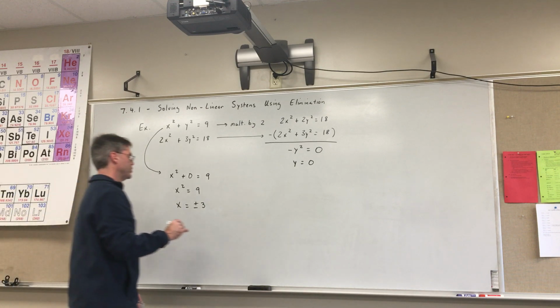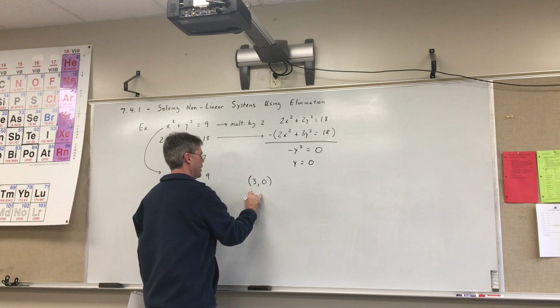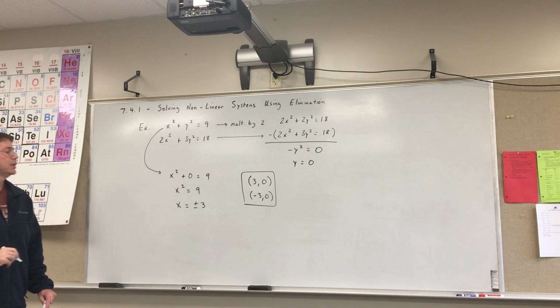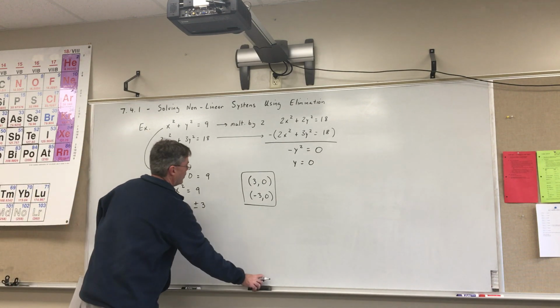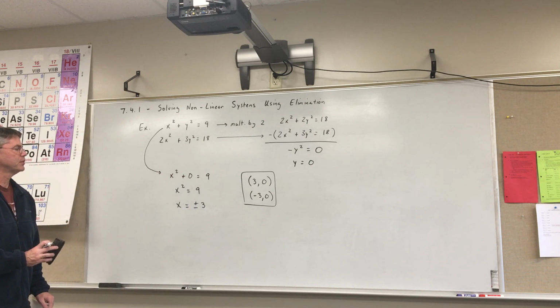So our solutions: when x is positive 3, y is 0, and when x is negative 3, y is also 0. So those two functions cross in two spots. Give you a chance to pause the video if you need to.